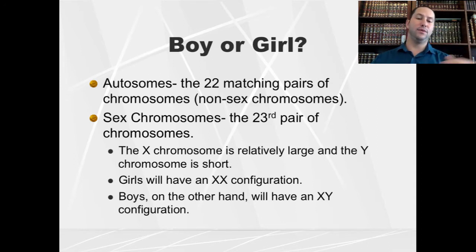The Y is associated with being male. Now, moms can only give an X chromosome, obviously. Dads can give an X or a Y. So this is probably why you've heard that the father or the male is responsible for determining the sex of the child.